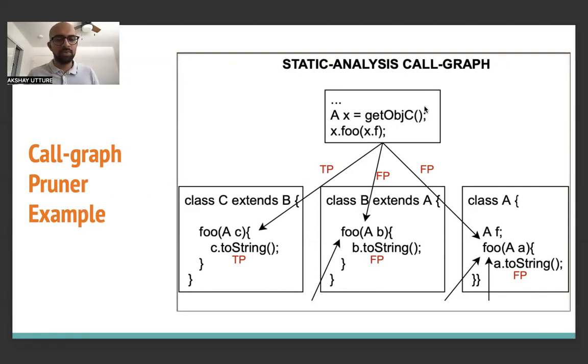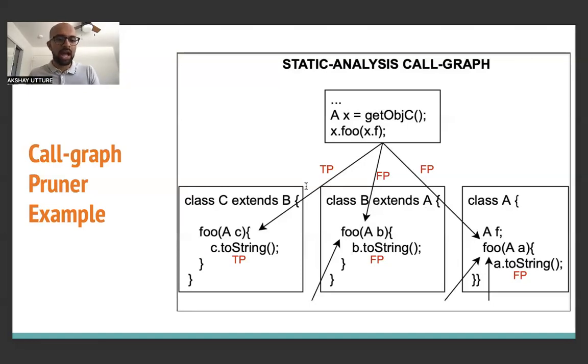Now let's assume that it always returns an object of type C, but the static analysis, due to over approximation, concludes that the function could either return an object of type A, B, or C. And so the variable X could point to A, B, or C, and the function call x.foo now has three possible targets. But we know that only the call to c.foo is really a true positive.